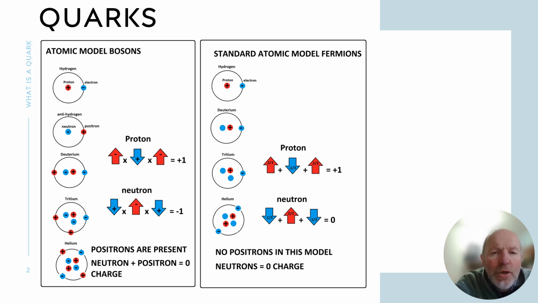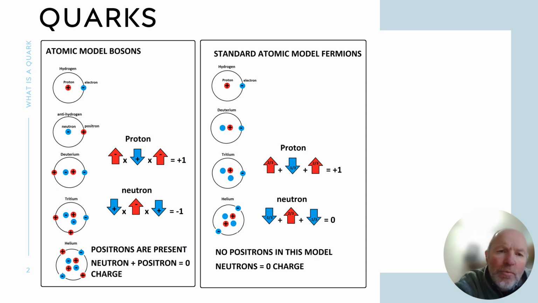And I don't use fractional charges because I want to have a way of understanding how there's a relationship between the charge of a quark and the charge of the electron, a relationship that is called charge parity. So in the current standard model, we do not have charge parity. What we have is a disconnection between the charges in the quarks and the charges on the electron.